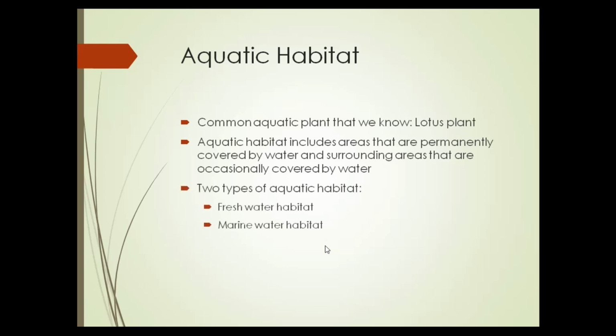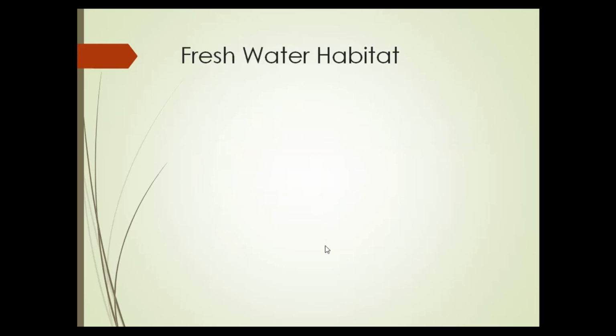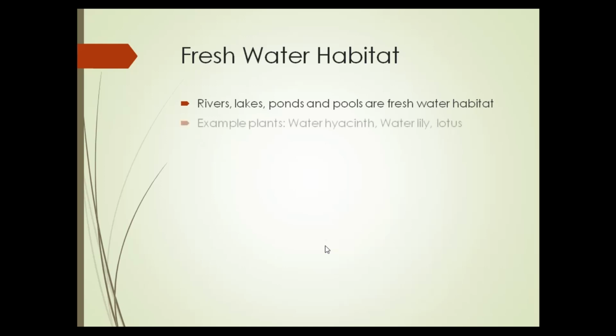So, there are two types of aquatic habitat as I showed before, freshwater habitat and marine water habitat. Now, what is freshwater habitat? Rivers, lakes, ponds and pools are freshwater habitat. Example plants here include water hyacinth, water lily, lotus, etc.